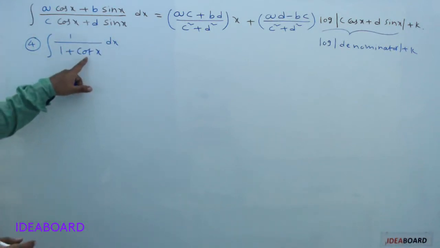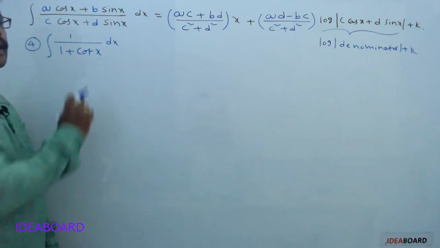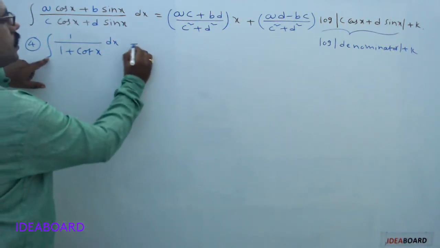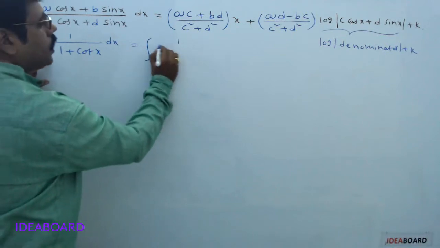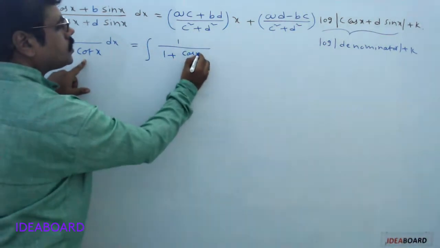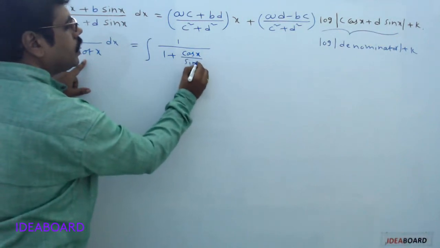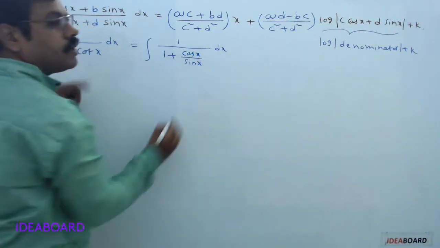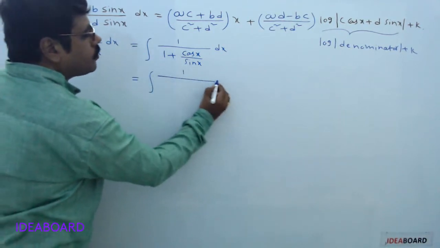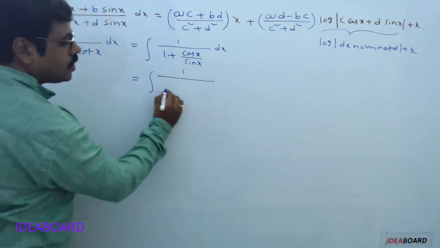Now here cot x will be there. Cot x can be taken as cos x divided by sin x. Now this is integral 1 divided by 1 plus cos x divided by sin x dx. Now this is equal to integral 1 divided by, here what is the LCM?